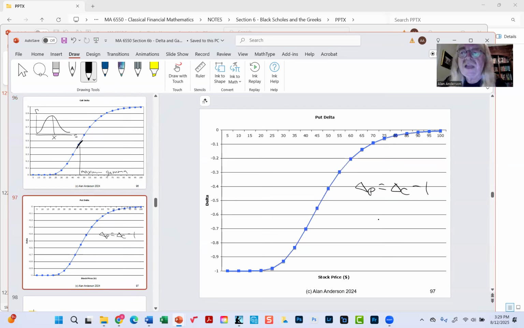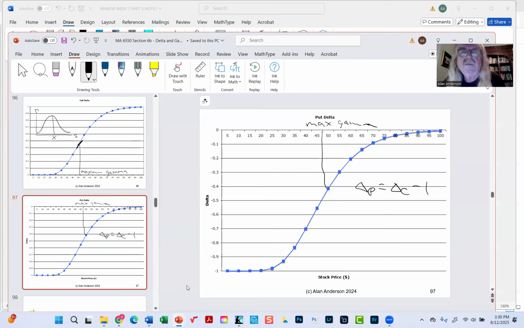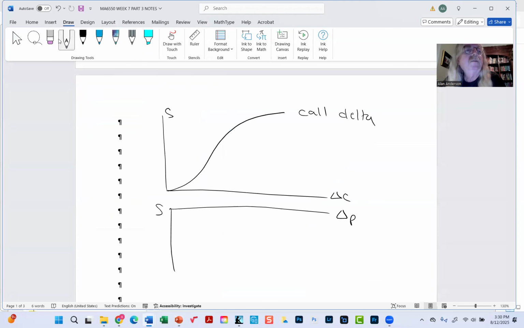So therefore, the slopes have to be the same. And so here we get the maximum gamma. Oops, looks like the label is backwards.